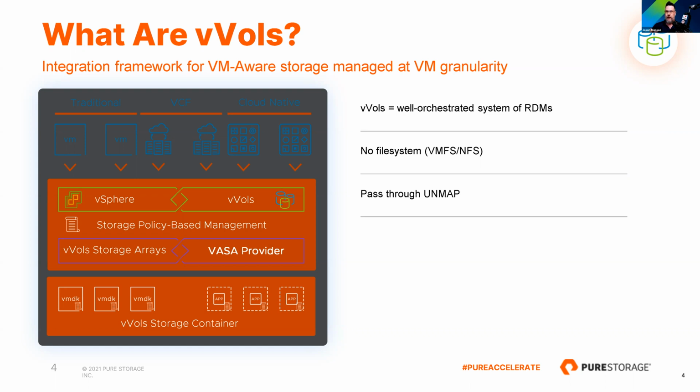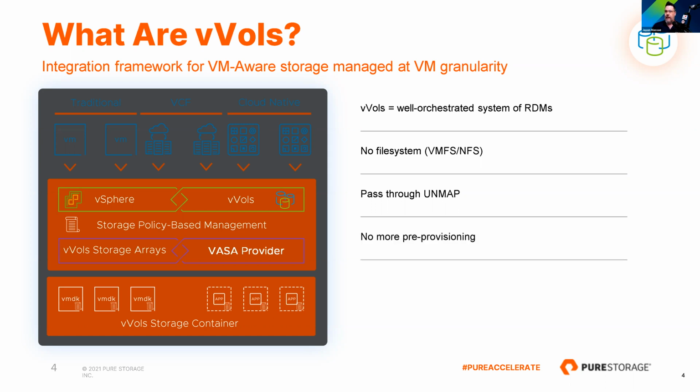You can also pass trim or unmap directly to the array. So if the guest OS supports trim or unmap or some type of space reclamation, when it initiates that, instead of it being passed down to the kernel and to the file system, and then the file system acknowledging that and passing it to the array, that command is passed directly to the array. So you get very efficient space reclamation.